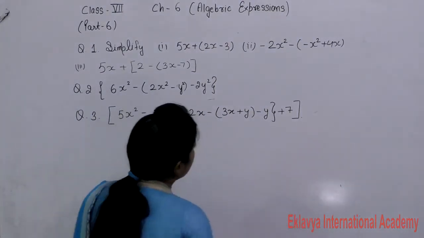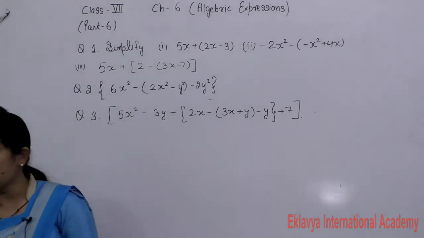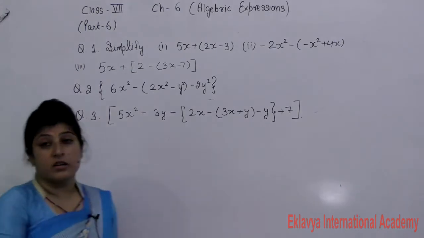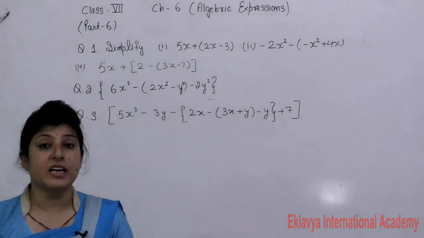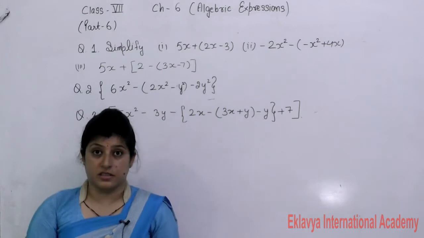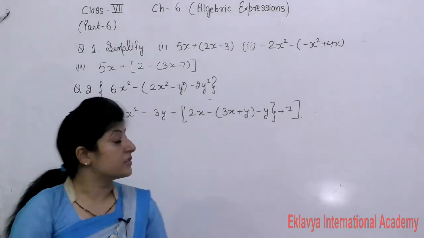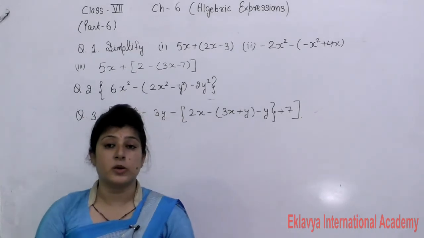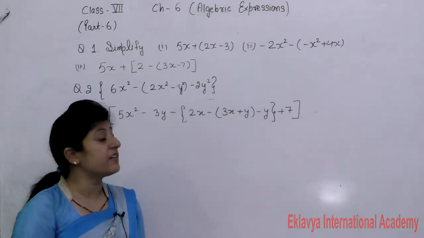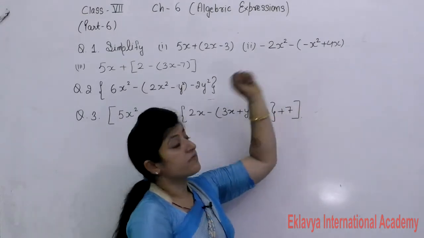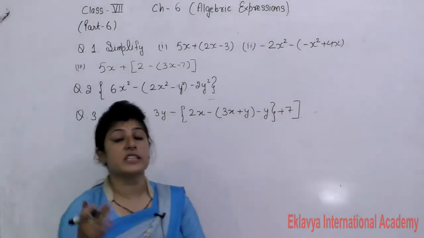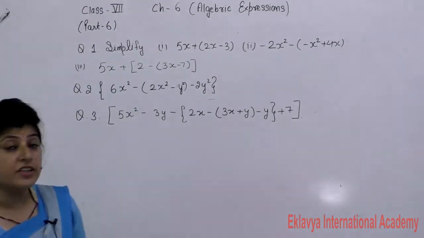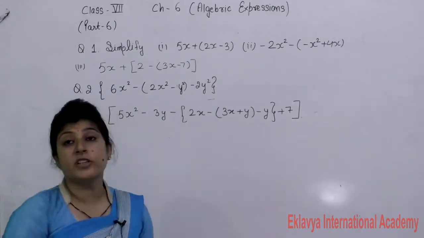And one more thing: whenever we have a plus sign before a grouping symbol, we can remove the grouping symbol without any change in the value. But whenever we have a negative sign like this, then what do we have to do? Firstly, we will convert plus into minus and minus into plus, and then we will remove the grouping symbol.